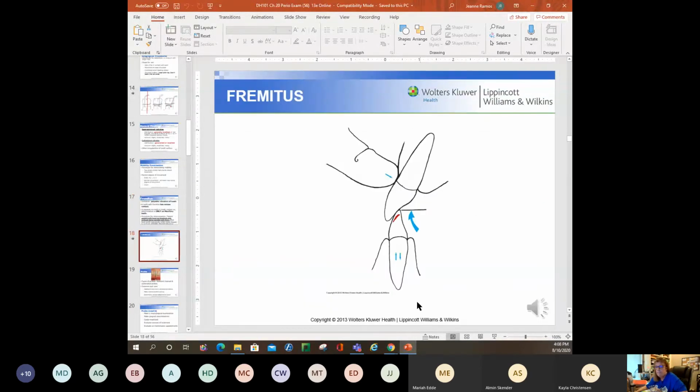Here's a picture. When they're saying excess contact, do you see how this tooth should be a little more up and just be contacting between here and here, not all the way to the back? So it's kind of laying on that tooth. That's what they mean by excess contact.